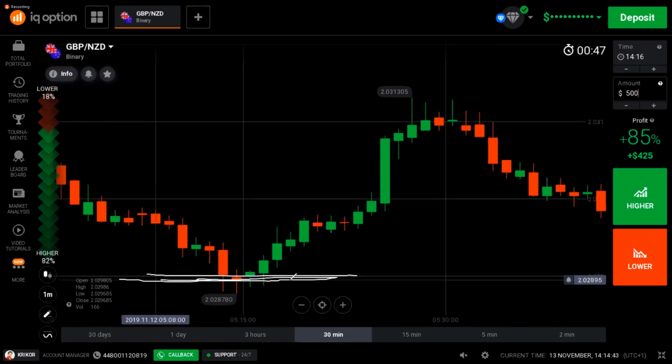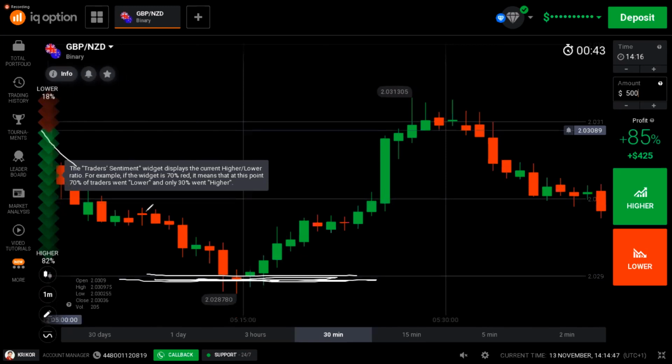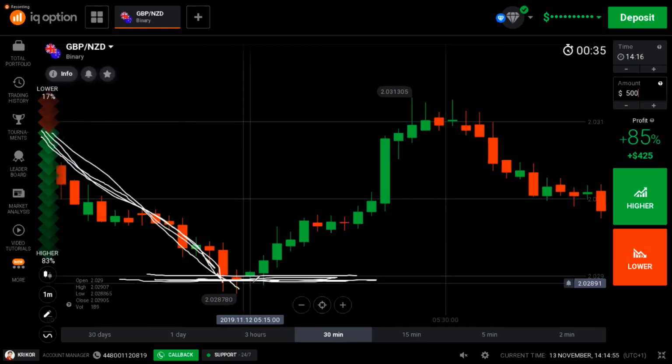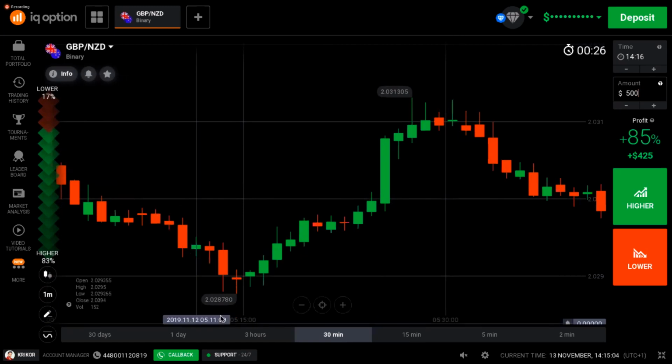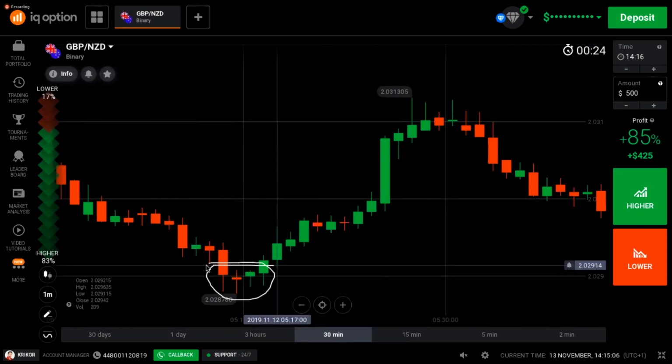Okay, so let's assume that we are here, and so we are expecting a reversal from this downtrend. And this downtrend, we have seen the character, the activities, and the behavior in this area. So we are expecting something similar in this area. So now we are here at a reversal point. Now I'm going to show you how to trade at this reversal area.